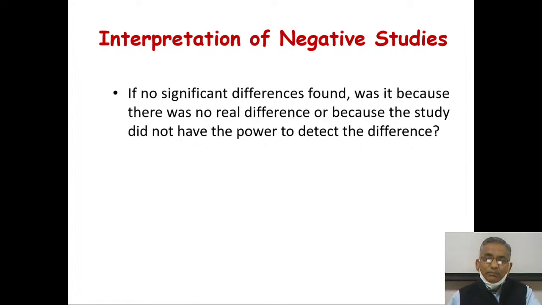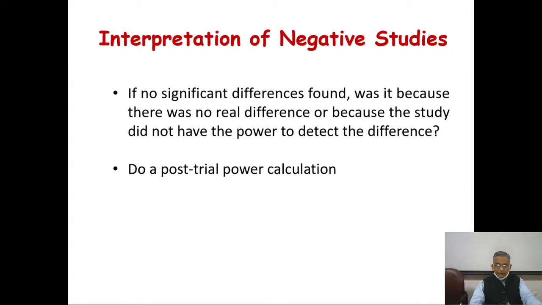If you have not been able to find something, it does not mean it does not exist. Maybe your study did not have the power to pick up such small effects. That small effect was lying there, but you just missed it. So one would assess your ability to detect that effect size.